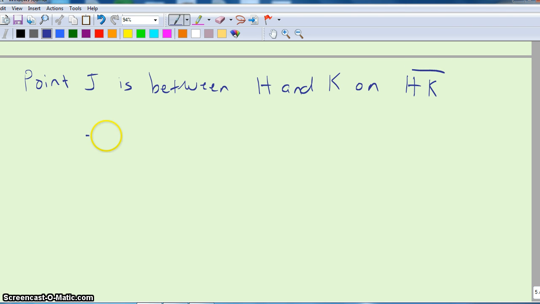What does that mean? So here you go. Draw a little segment. That is H. That is K. That's what this means. This piece right here means that we have a big line called HK.